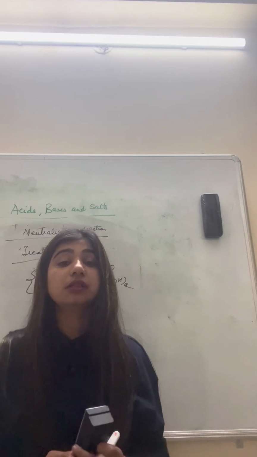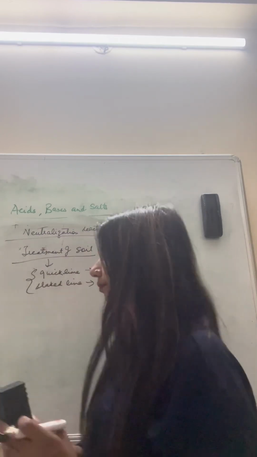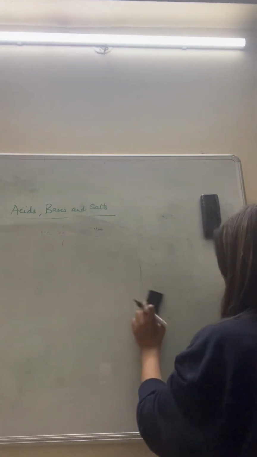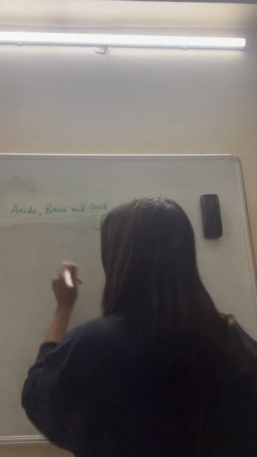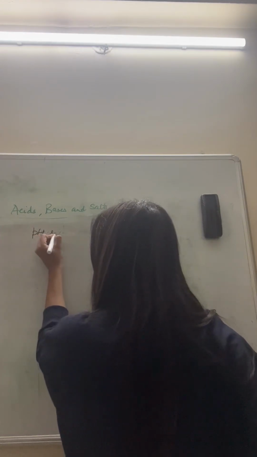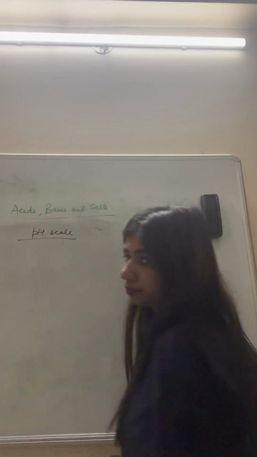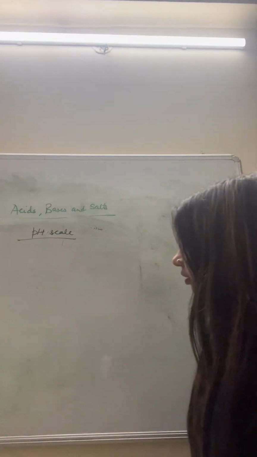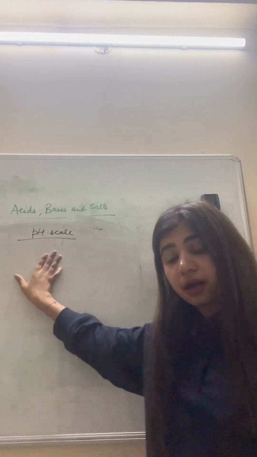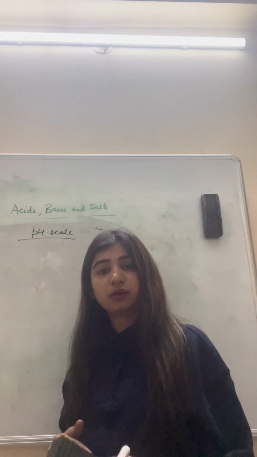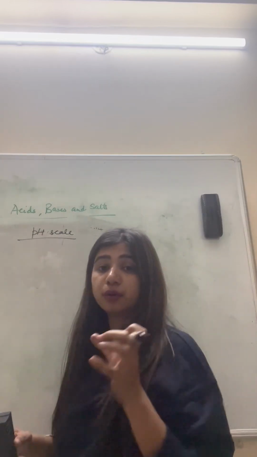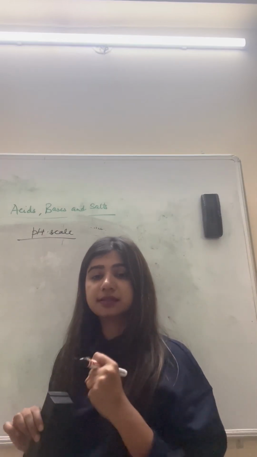Now we will study about the pH scale. This pH scale tells us about the strength of an acid and base. This scale tells us about the strength of an acidic and basic solution.